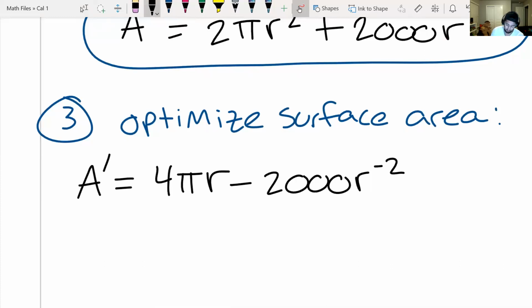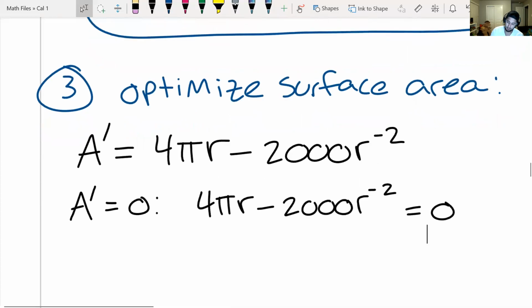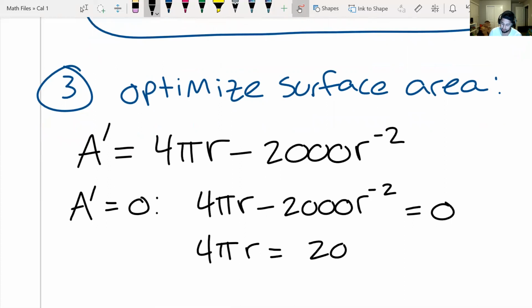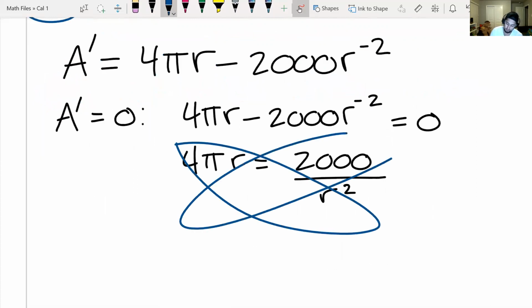Now, after you optimize something, you set it equal to 0, and we get 4 pi r minus 2000 r to the negative 2 equal to 0. Let's go ahead and solve for r. So I get 4 pi r equal to 2000 over r squared. Then cross multiply, right?